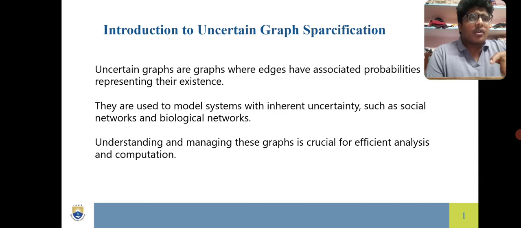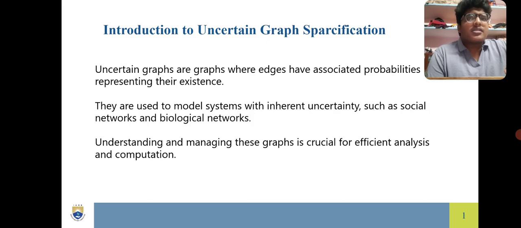Each edge has a probability of existing, and they are used to model systems with inherent uncertainty such as social networks and biological networks. Understanding and managing these graphs is crucial for efficient analysis and computation.